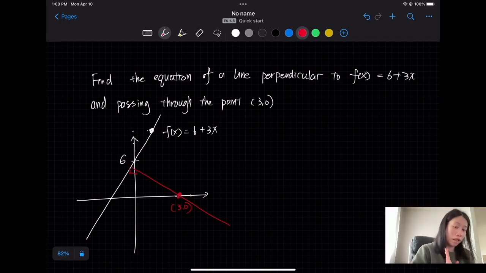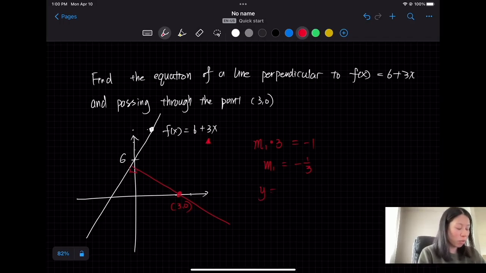All right, the first thing is we can find the slope of the red line. The slope of the red line, m1, times the slope of the other line, which is 3, should equal -1, right? So m1, the slope for the red line, should equal -1/3. So we have y equals -1/3 x plus b.